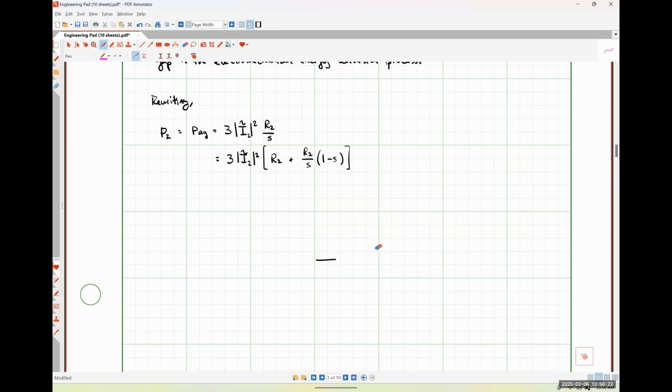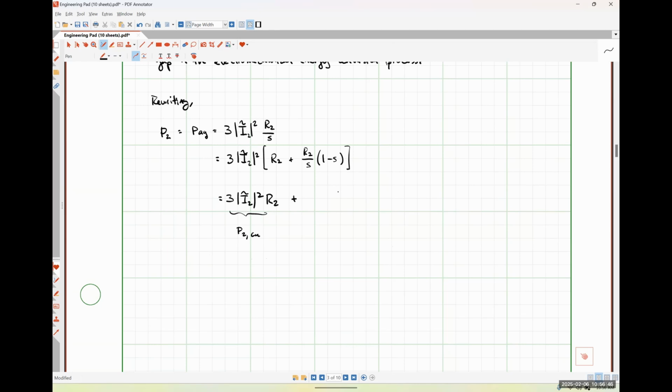So now I'm going to split this guy up into those two constituent parts, so that we're going to have 3 times the magnitude of I2 squared times R2. And this was our copper losses that we calculated earlier.